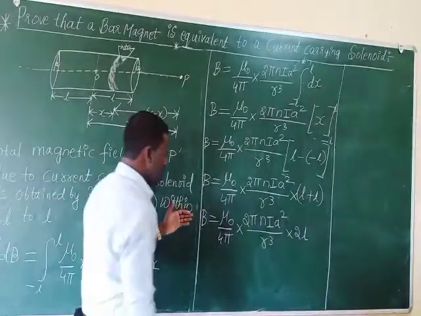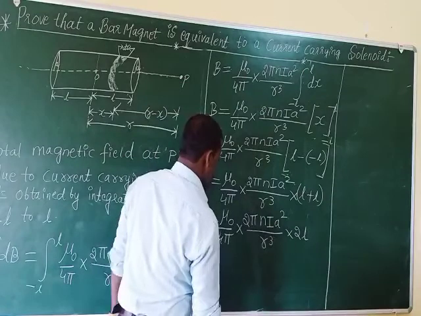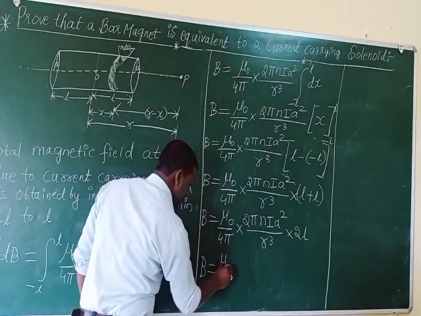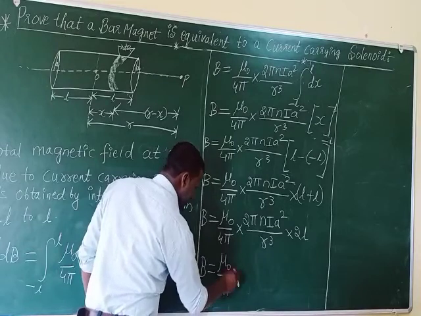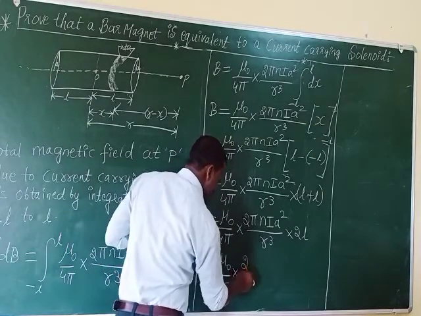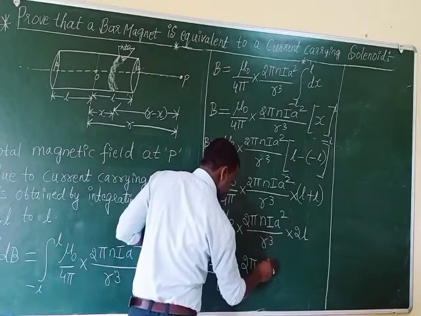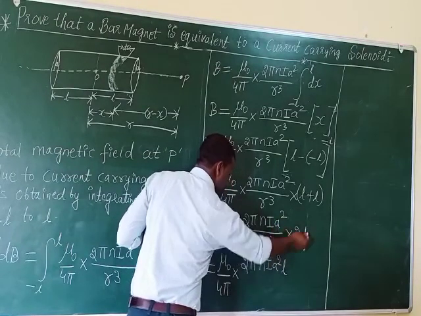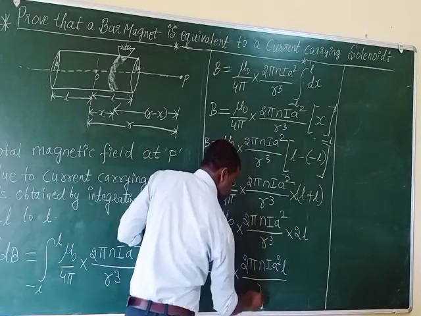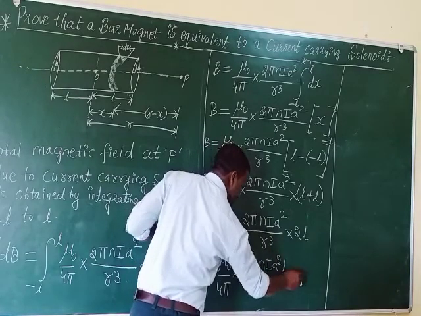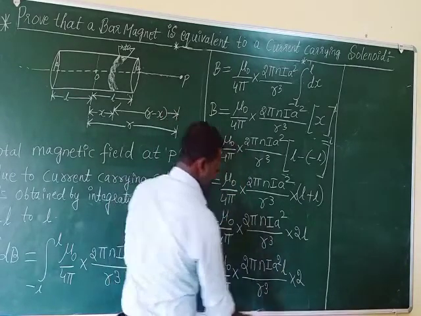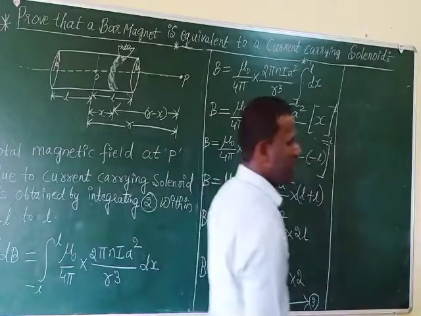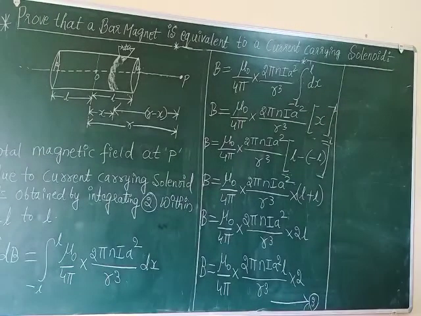We shall make one adjustment here. So B equals mu naught by 4 pi into 2 pi n I a square, and I am writing L divided by r cube into 2. This is equation number 3.